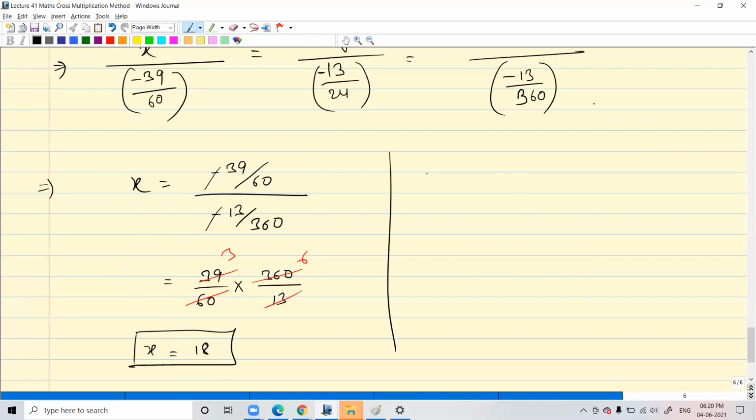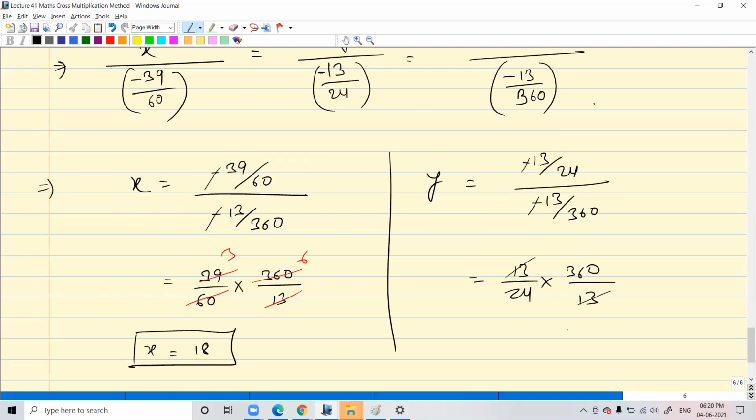Same way, let's do that for y also. y will be equal to minus 13 by 24 minus 13 by 360. So again, minus and minus get cancelled, and you'll get 13 by 24 into 360 by 13. So these two get cancelled.